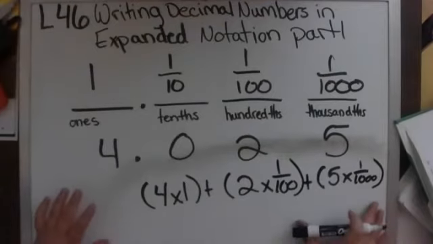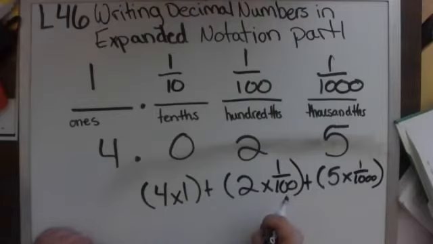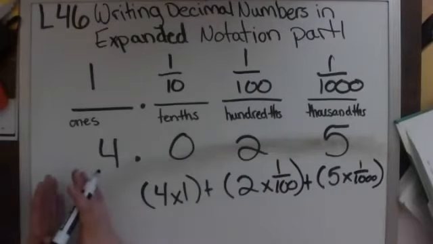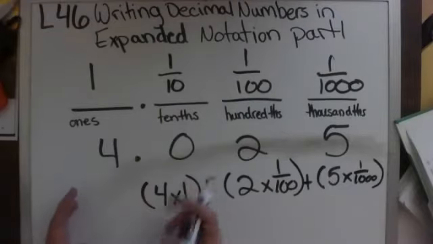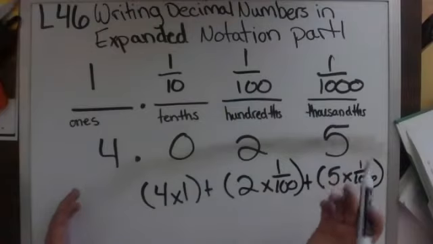Okay, so in that way, you're still saying the places. Now that you're in the decimal places, you're saying the places as fractions because they're no longer whole numbers. They are fractions of a number. So this is a tenth of a number, a hundredth of a number, and a thousandth of a number.